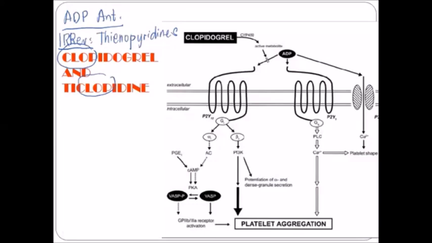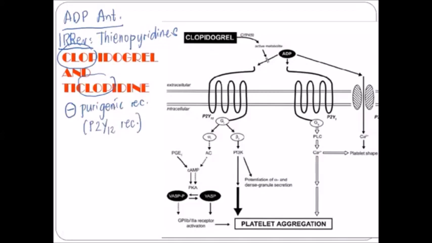So right now, let us discuss the mechanism of action. Okay, mechanism of action ng clopidogrel and also ticlopidine. So with these agents, take note, clopidogrel and ticlopidine, they have the ability to block purinergic receptors, particularly the P2Y12 receptor.